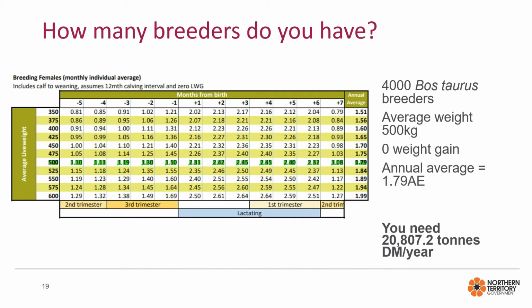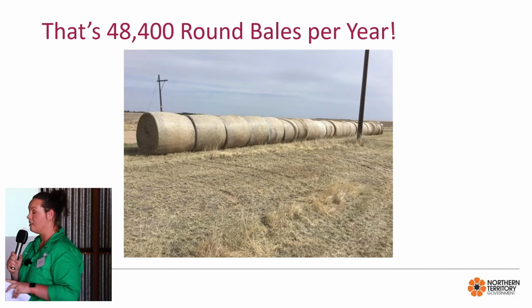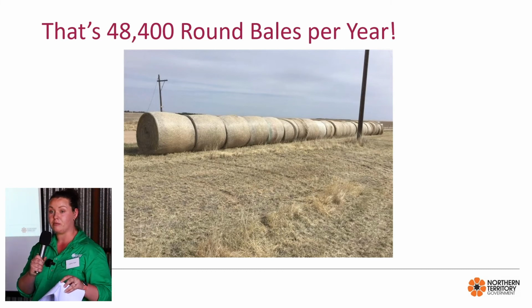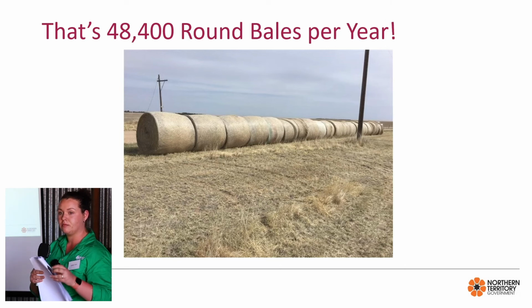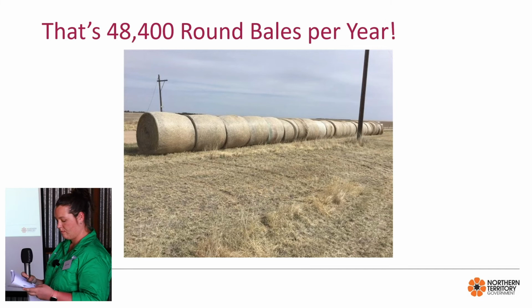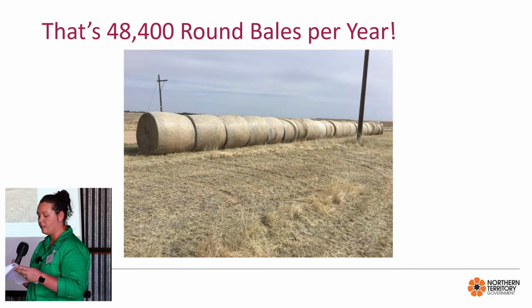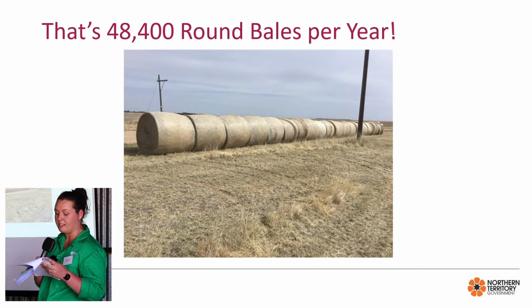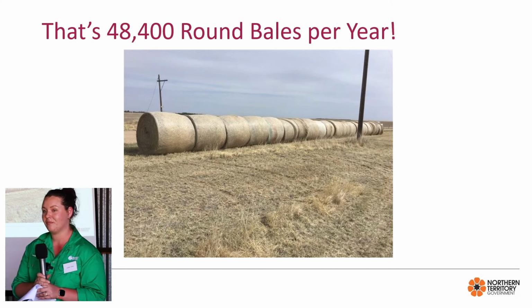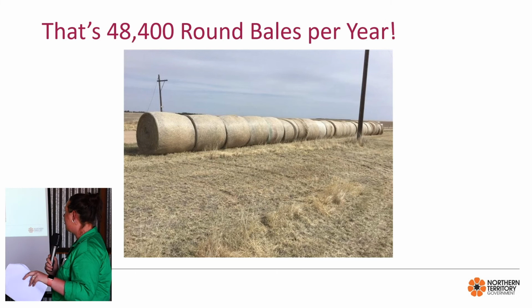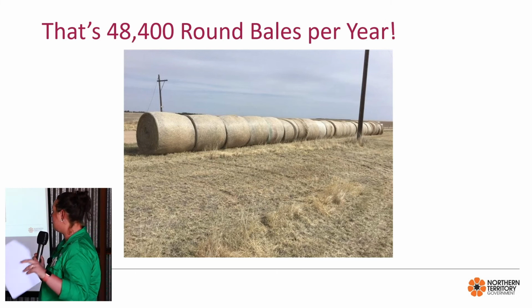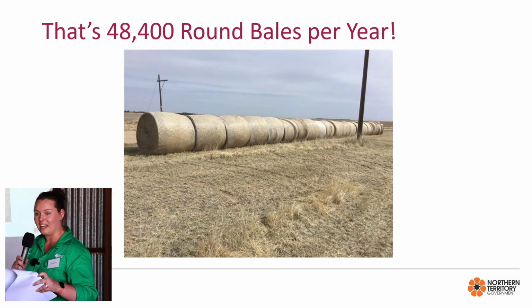And that looks like 48,400 round bales per year to feed your 4,000 breeders. That's not including your bulls, heifers and steers that you're running with them. I just thought it was really neat to show how much you're expecting off your paddocks.